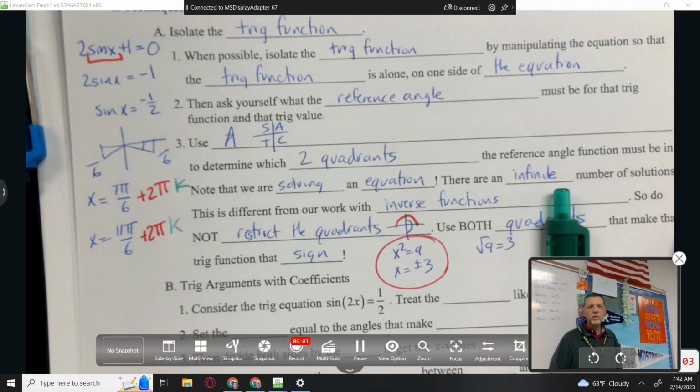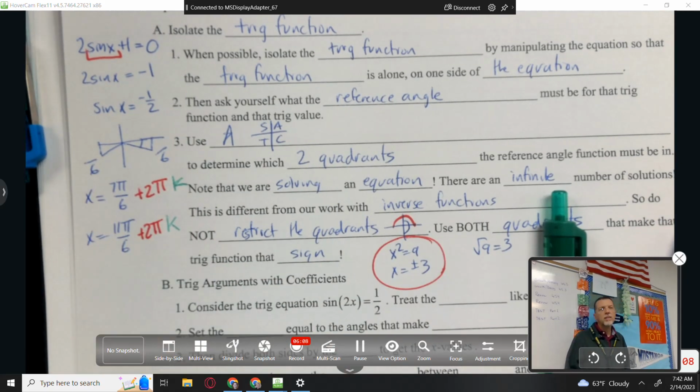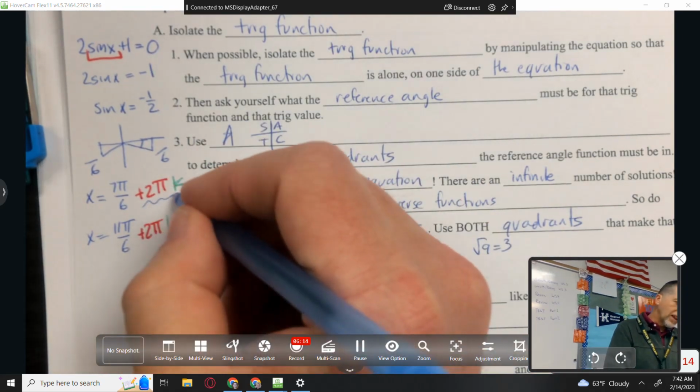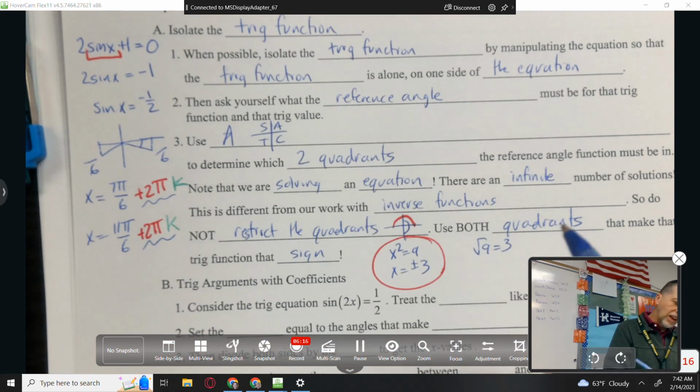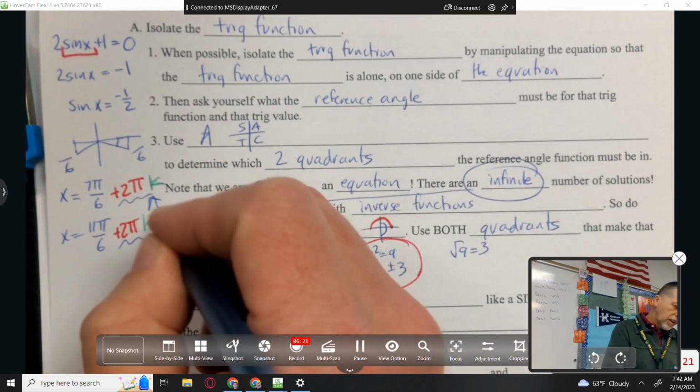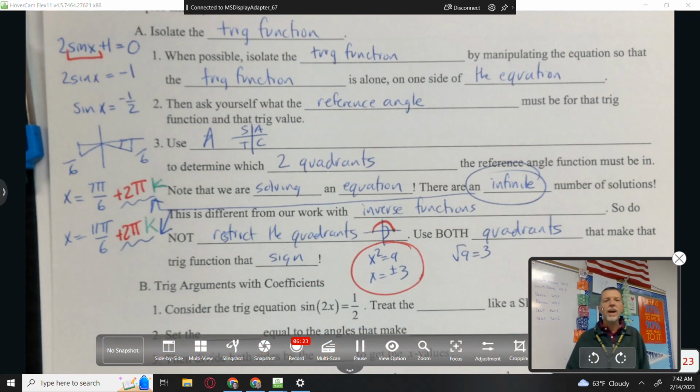Add 200 pi to 7 pi over 6, and you'd still land at that spot. So the plus 2 pi k stuff is what gets us all of the answers. That's the infinite number of solutions thing. The 2 pi k will get us all of the solutions.